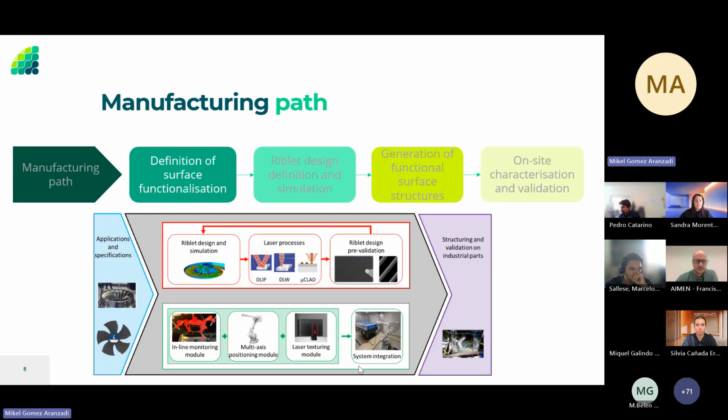And in parallel, we have developed an inline monitoring module, a multi-axis positioning module, a laser texturing module, and we have integrated everything in a prototype. The texturing validation and characterization is something we are working on right now, because the project is ending in May 2026.